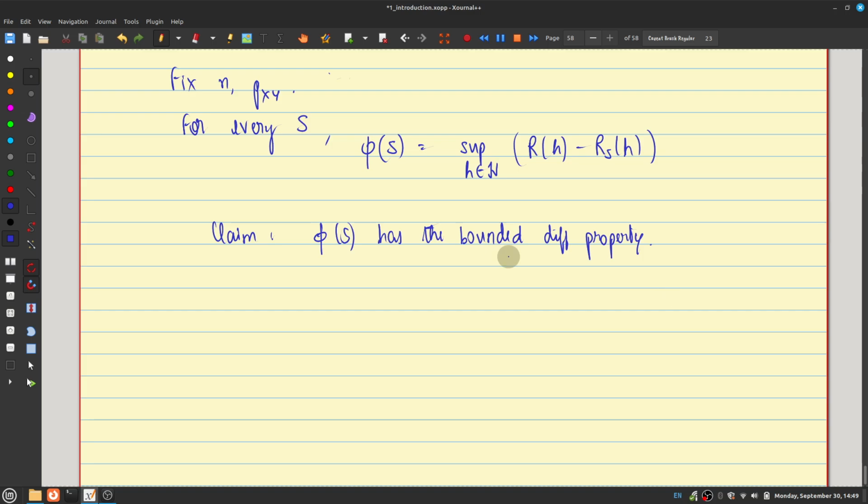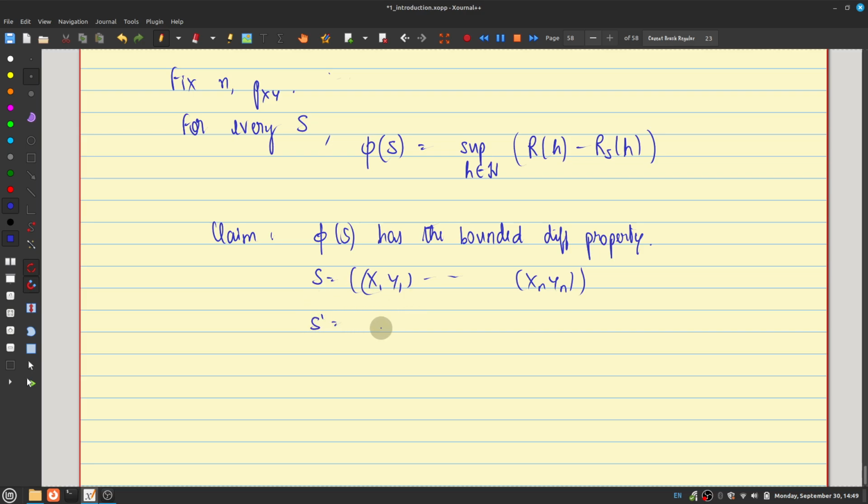Okay, so how do we prove this? Let's assume that we have S, which is x1, y1 up to xn, yn. You have n pairs of random variables.